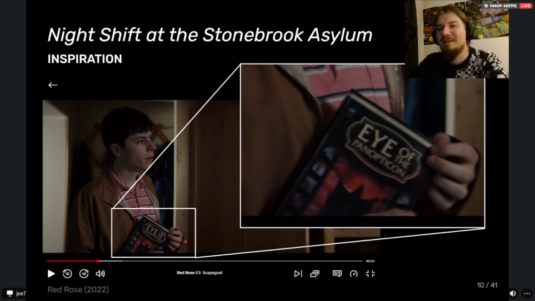Then I googled it, and there is no such book, and I got interested in what this Panopticon is. It turned out to be a prison architecture where you have a watchtower in the middle and cells around it. The guards at the watchtower can observe all of the cells around it, so the inmates always know that they're watched. I guess this is how it clicked with that TV show, that in Red Rose there was always some evil entity watching the main characters.